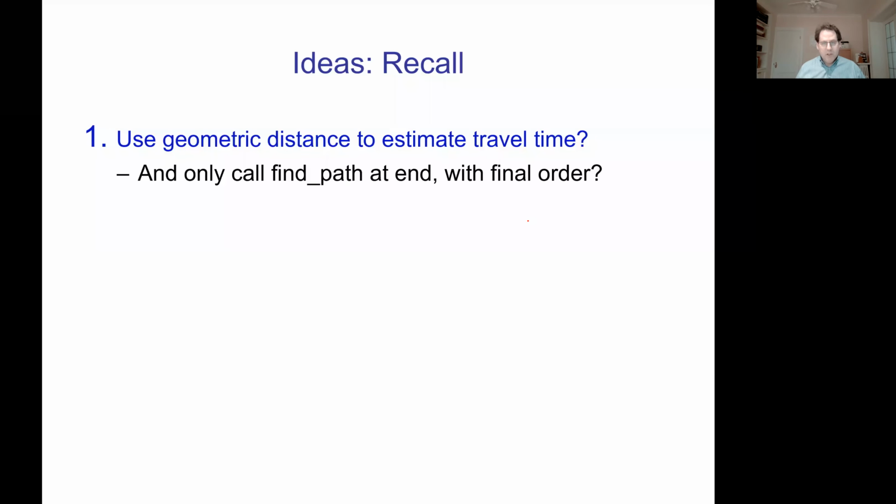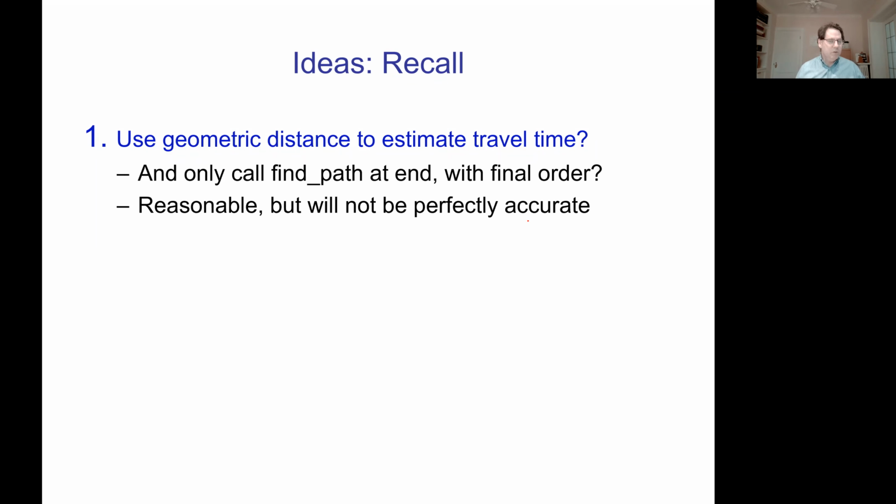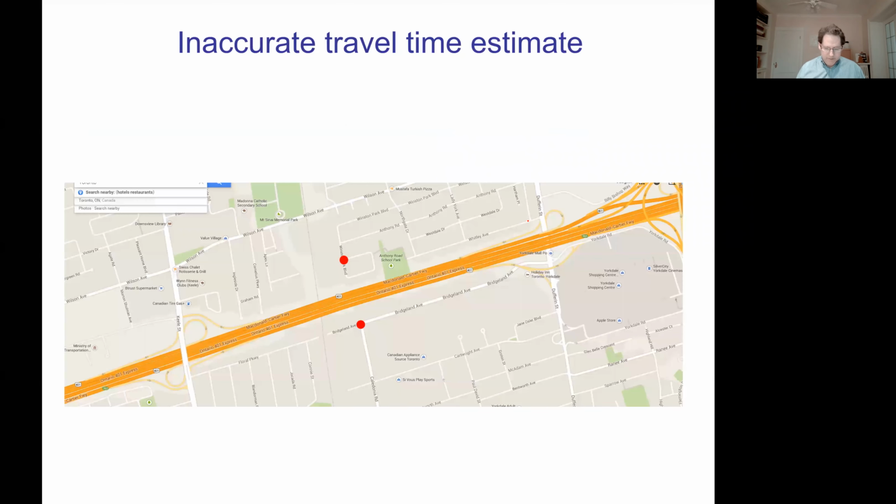That's easy to compute. We could use it to estimate travel time, choose a delivery order, and then call find path at the end, once we've worked out our delivery order, just to hook everything together. That'll be reasonable. We saw last week that it would be fast enough, but we're going to lose some optimization quality because it's not perfectly accurate.